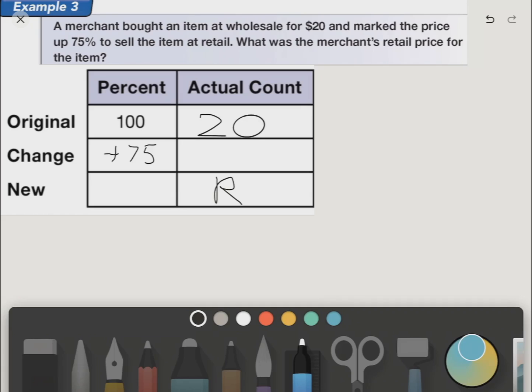So this time we're trying to figure out this one. So, just looking at the information that we have, we can say that this is 175% of the original price. And we can say M for markup. And then plug these numbers in.